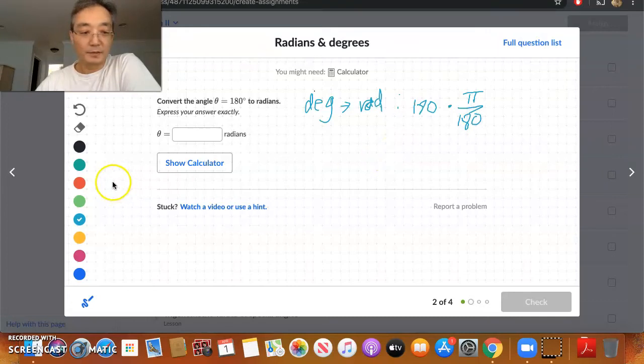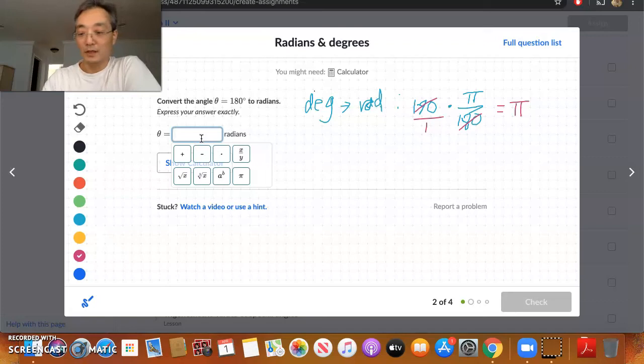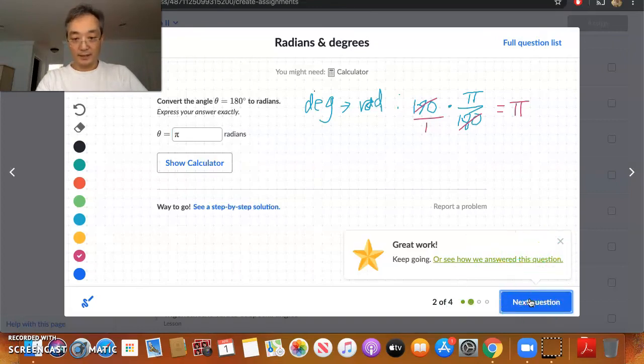This is a pretty easy one because this is really over 1, so the 180s are going to cancel out, and that leaves us with just pi. That's correct because a full circle is 2 pi, which is 360, and 180 is a semicircle, a half circle, so it's going to be just pi. You didn't even have to do the conversion if you knew that. And pi is right here, so there's your check.